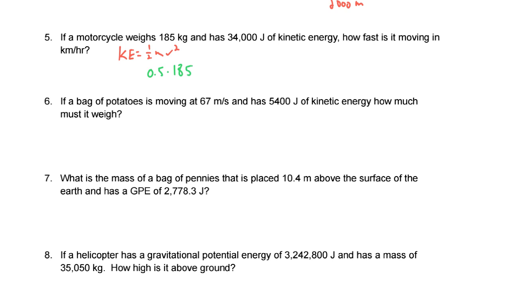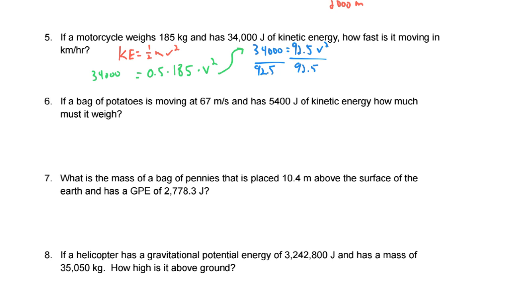But we don't know the velocity, so equals v squared, but we do know the kinetic energy is 34,000. All right, we can multiply these and get 34,000 equals 185 times 0.5, 92.5 v squared.